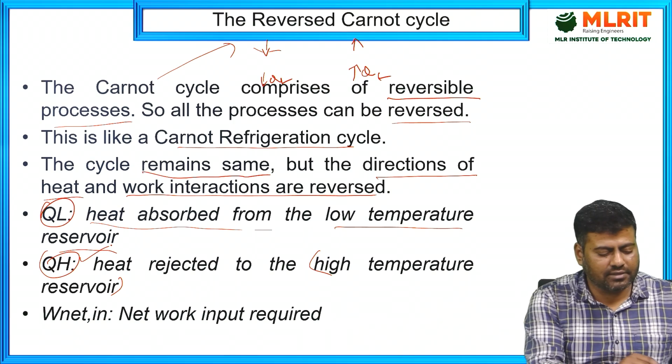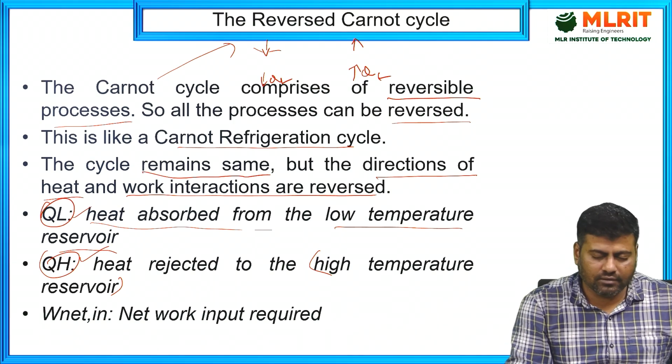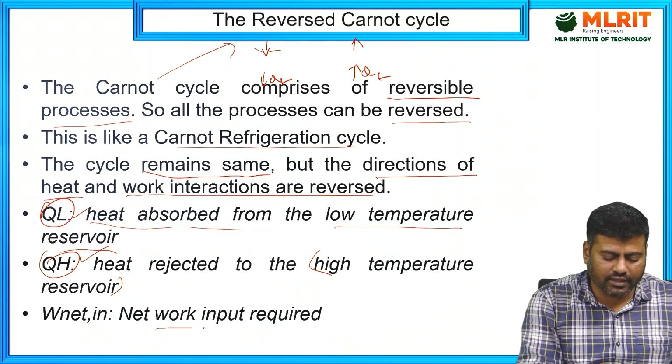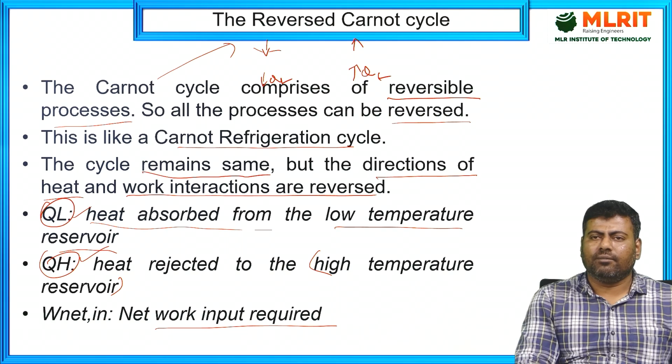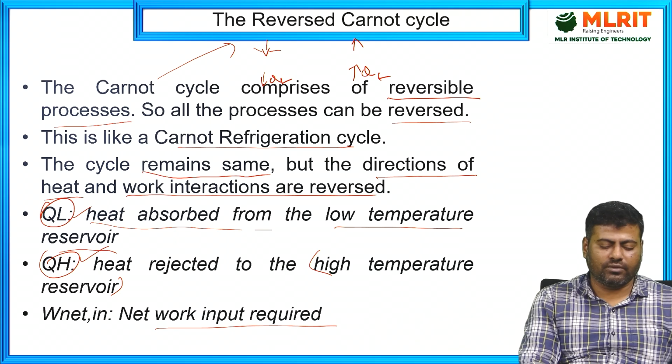These considerations remain the same universally. And W net in is the network input required. In the heat engine we extracted work output, but here we give input to the system, so work input is required.